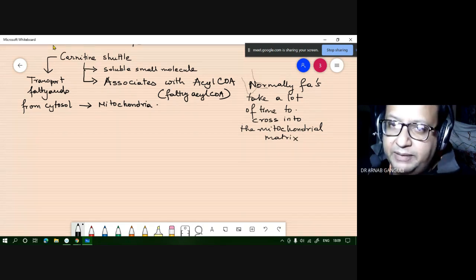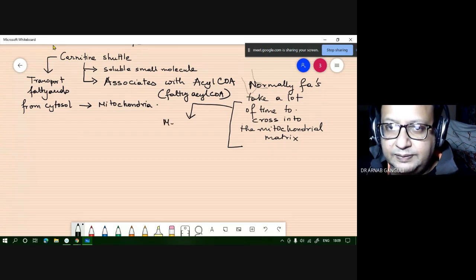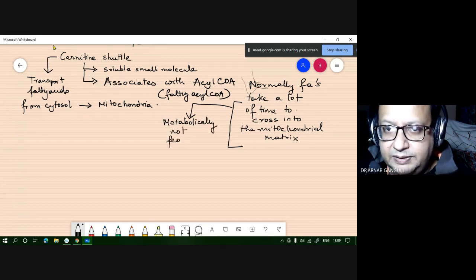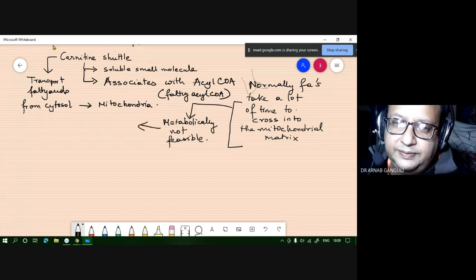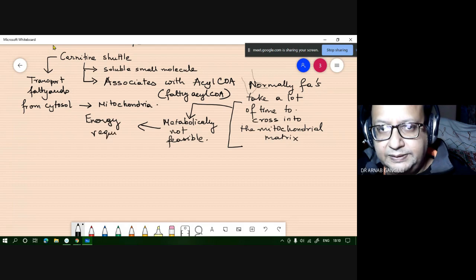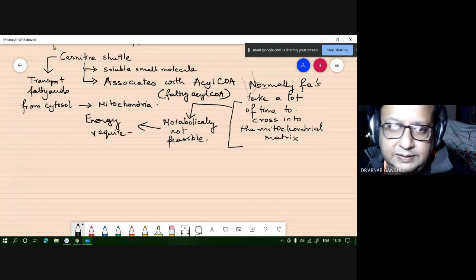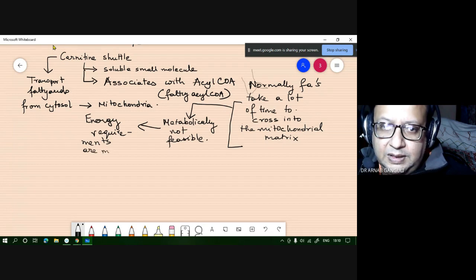So this is not metabolically feasible, because energy requirements are much higher.